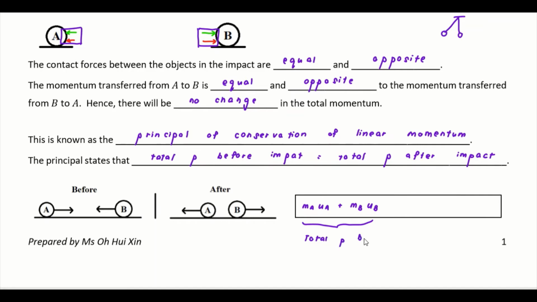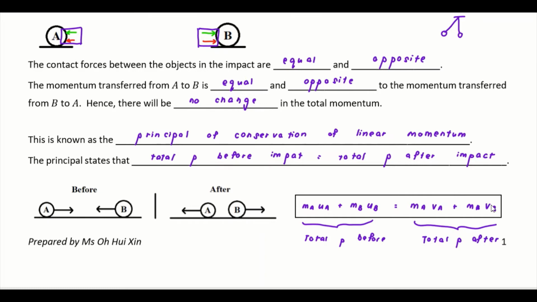Then the second part is going to be equal to the final velocities: mass A times final velocity A, plus mass B times final velocity B. This should be the same as the total momentum before. So that's basically the idea of this principle.